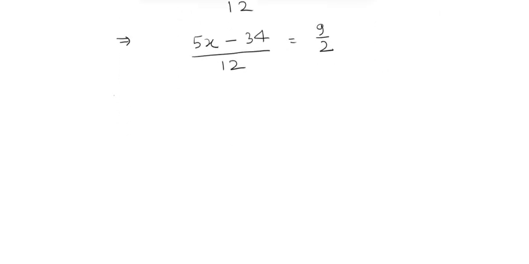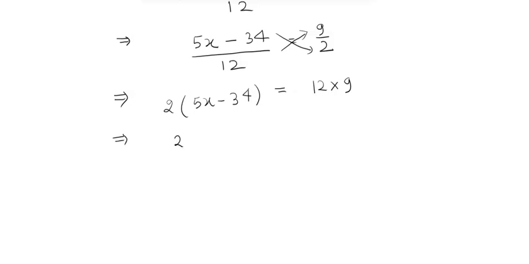Now after simplifying, you cross multiply, so we will get 2 multiply (5x minus 34) is equal to 12 multiply 9. So distribute 2: 2 multiply 5x minus 34 multiply 2.